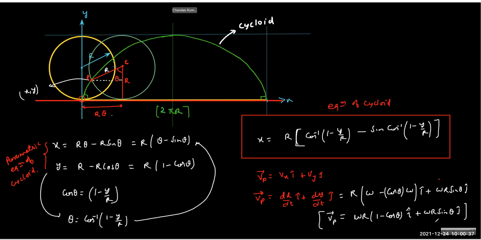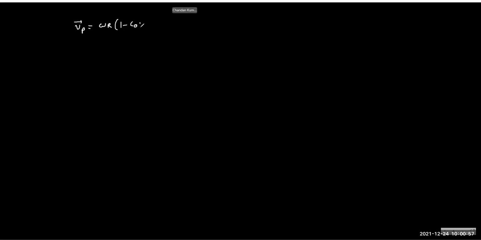So once we have the VP, which is omega r multiplied by 1 minus cos theta, we can find its modulus.